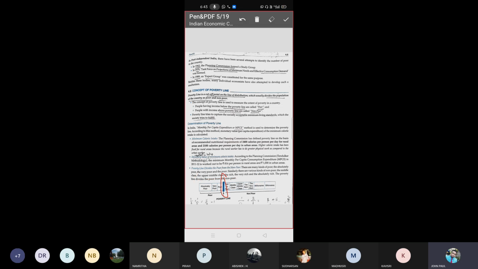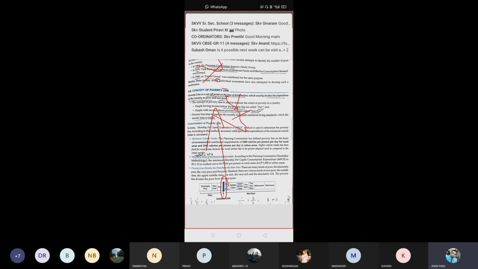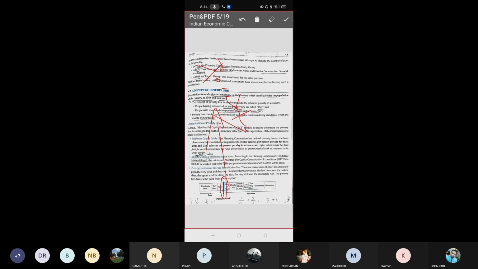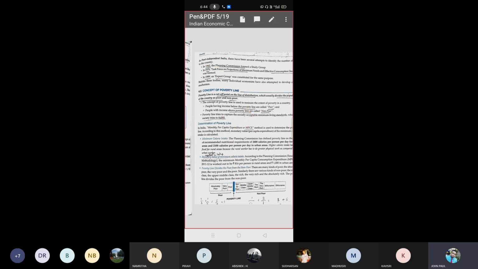How can we set this poverty line? How is it possible to fix it? That is the concept we are about to discuss.